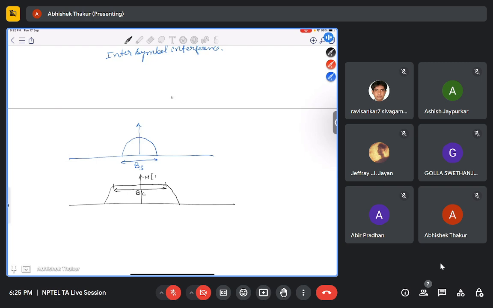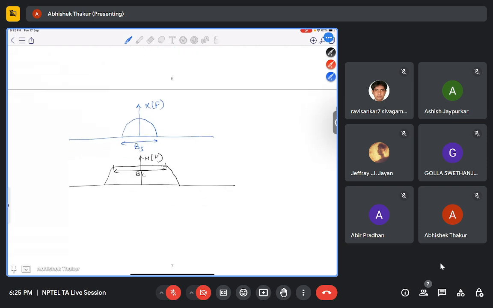So this is H(f), the channel bandwidth, and this is the signal bandwidth, X(f).